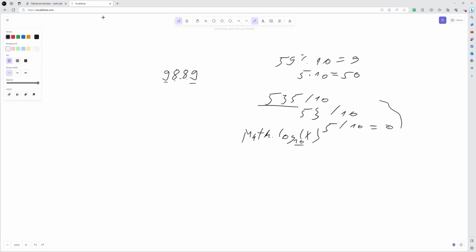Now to find the first digit, we can just use this to get our power that we will be dividing by. So, for example, here, if we apply this, we will actually get 3. So it will not be exactly the number of digits. The number of digits will be this function plus 1 always.